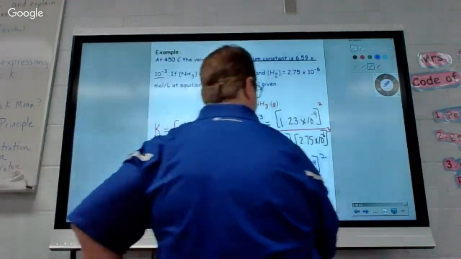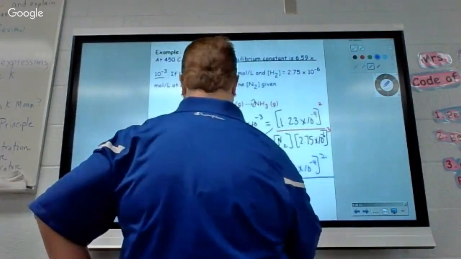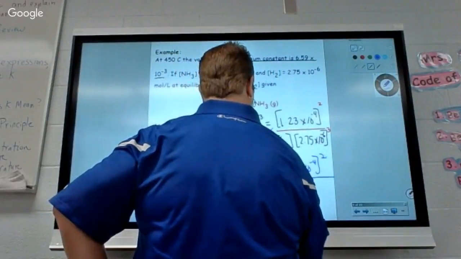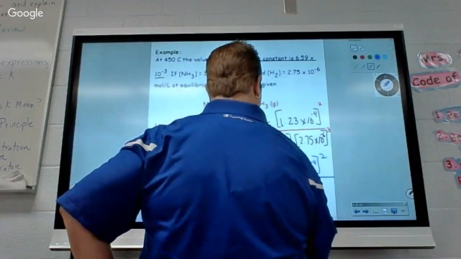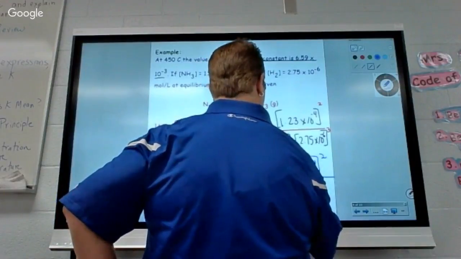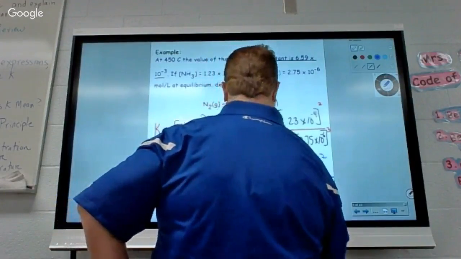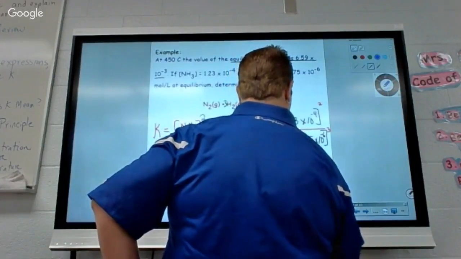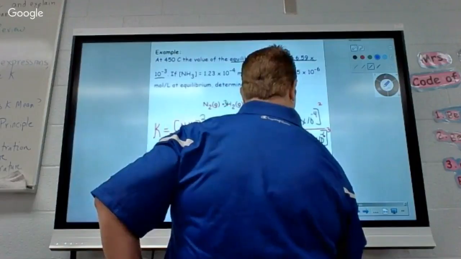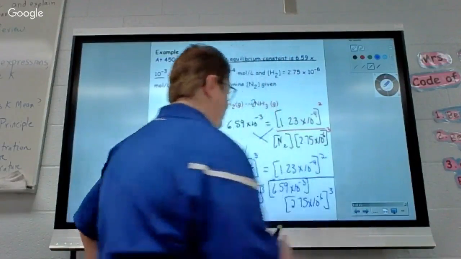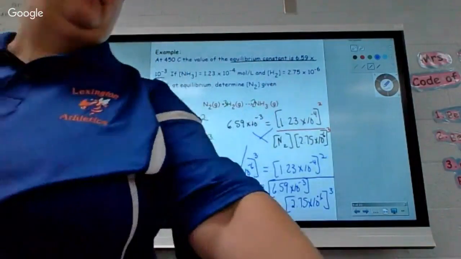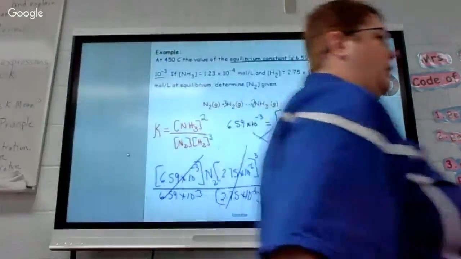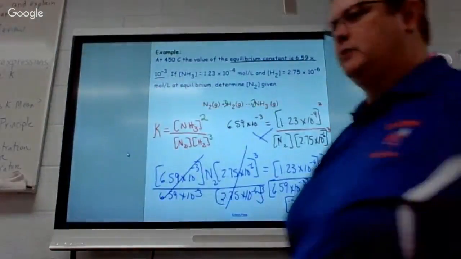So I've got to divide over here by those two things: 6.59 times 10 to the negative third and 2.75 times 10 to the negative 6 cubed. And then I had a calculator. There it is.